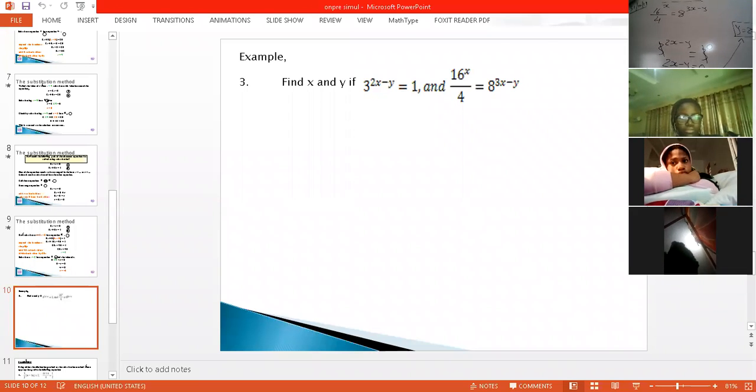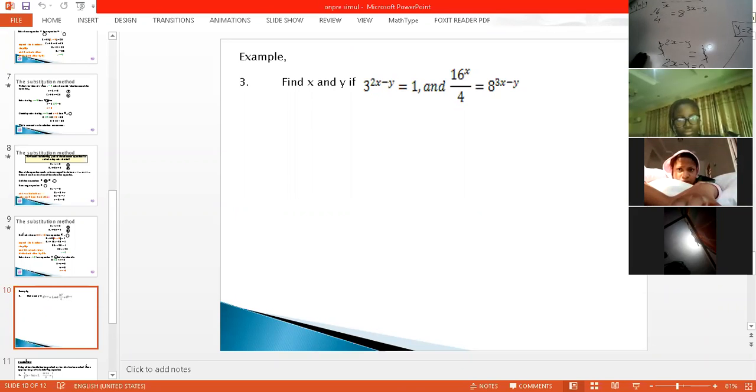I said, since you cannot divide this directly, you turn 16 to the form 2 raised to a certain power that will still be equivalent to 16, 4 into the form of 2 to a certain power that will still be equivalent to 4, and 8 to the form of 2 raised to power 3, and that will still be equivalent to 8.